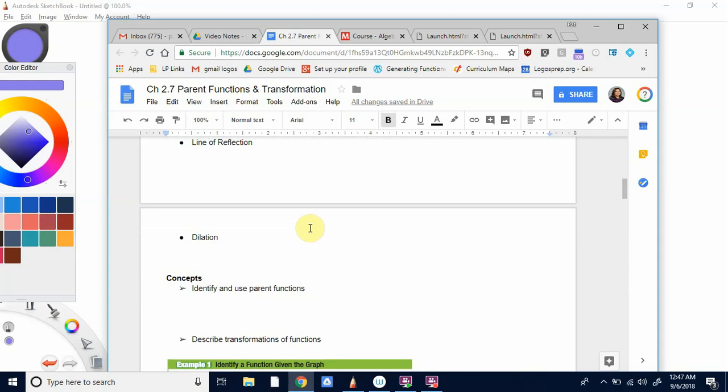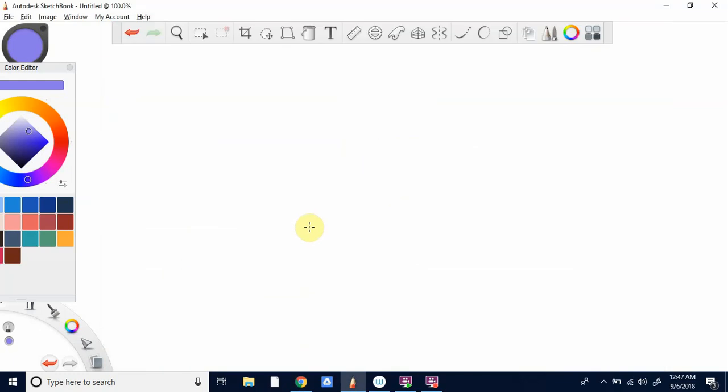All right, so let's write this out. If we have A times the function, then we have a vertical dilation. Now, if you take the absolute value of A and it's greater than 1, then you have a vertical stretch.